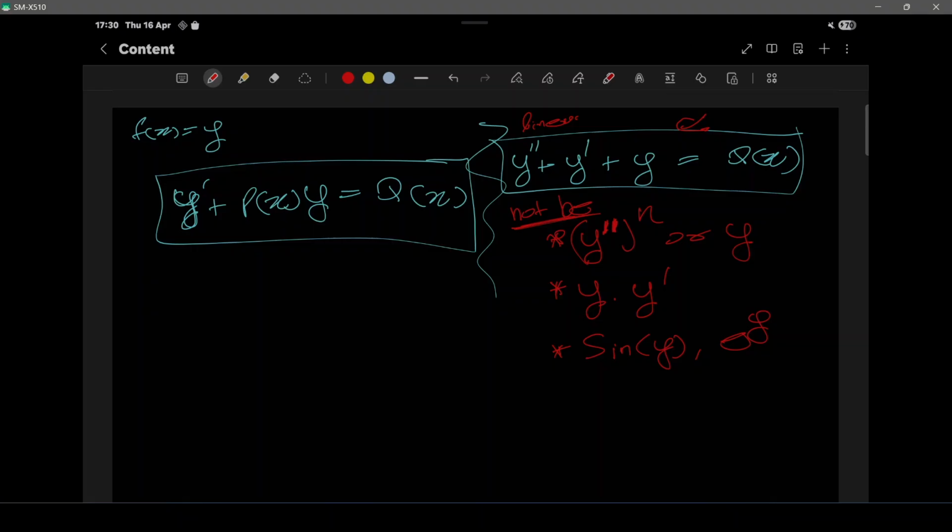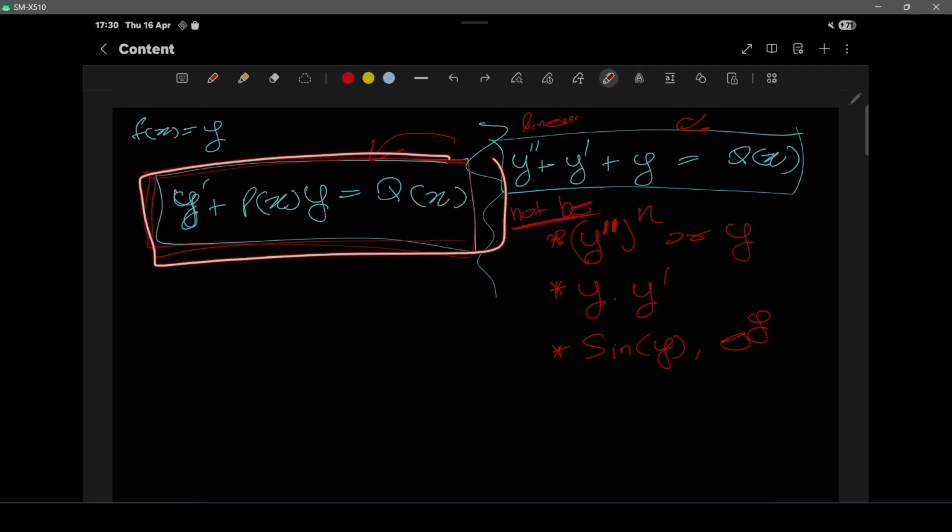So when it comes to first order, the linear format can be written like this. If there is some x term in front of this y dash, you can simply divide it from the whole equation and get to this exact form. From now on, this is the exact form we are going to talk about.